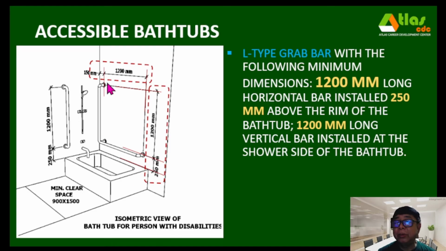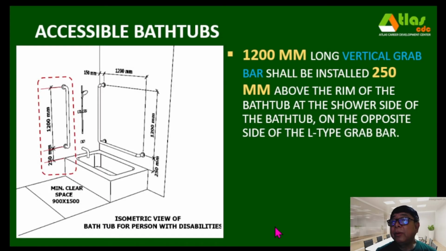It will be 1.2 meters long, this one, horizontal bar, installed 250 mm above the rim of the bathtub. The vertical bar is also 1.2 meters long, installed at the shower side of the bathtub. So instead of having like this, it should be like this, L shape.